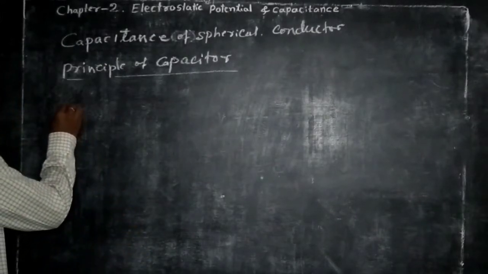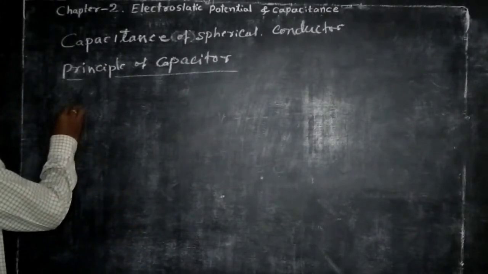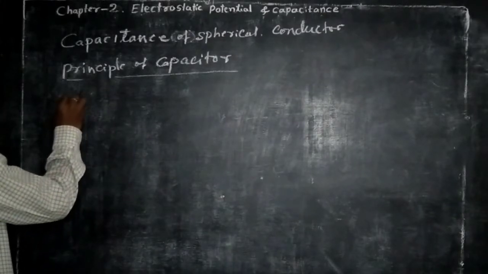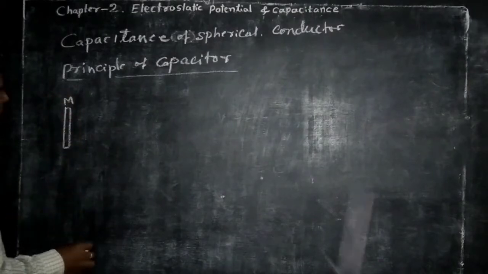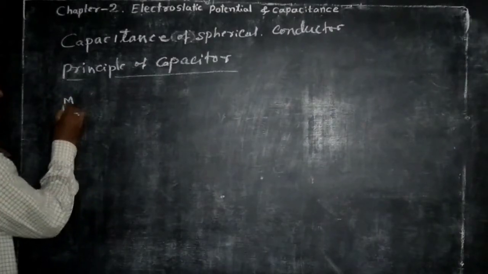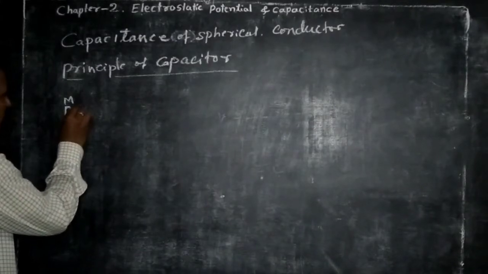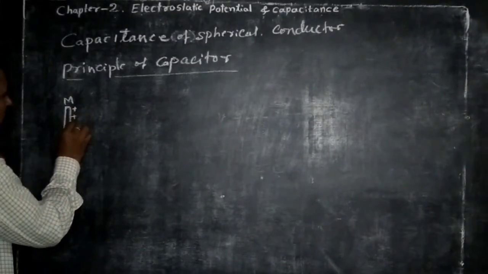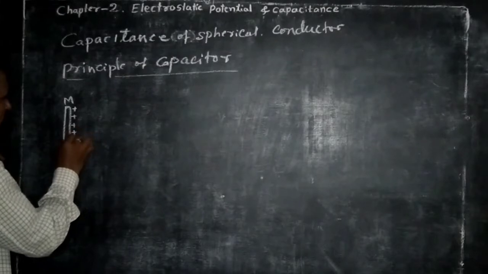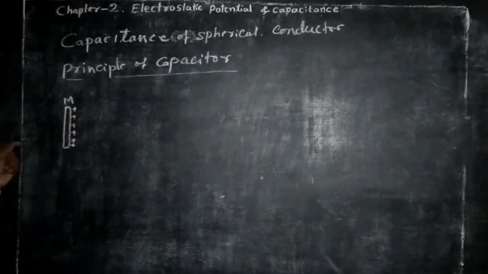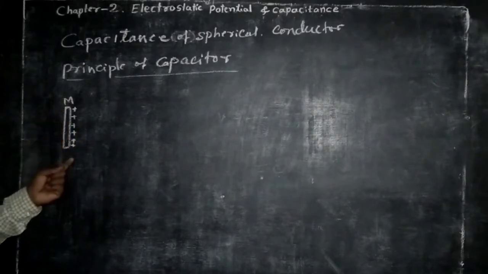Consider a conductor M, and let Q be the charge. Positive charge is given to the conductor. M is a charged conductor with positive charge.